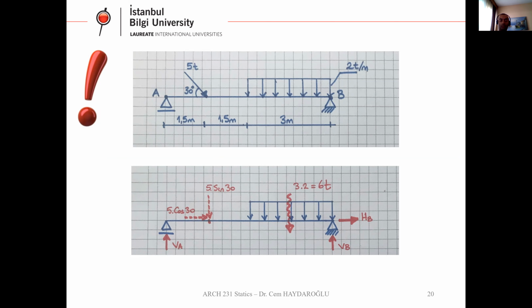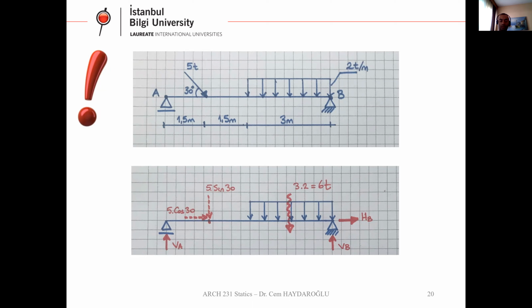Let's have a look at the bottom sketch. As you can see here, we have the inclined force and its components: 5 cosine 30, which is the lateral or horizontal component, and 5 times sine 30, which is the vertical component.